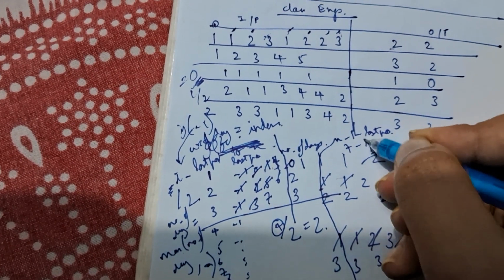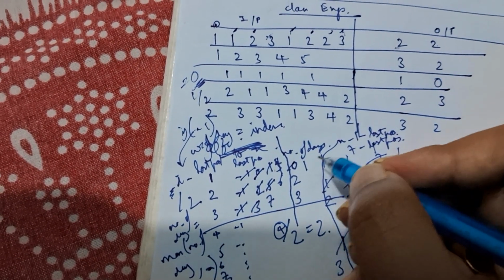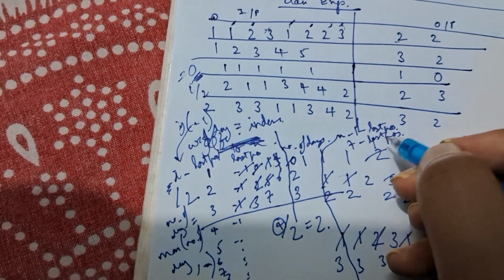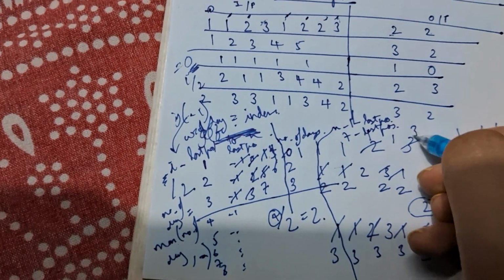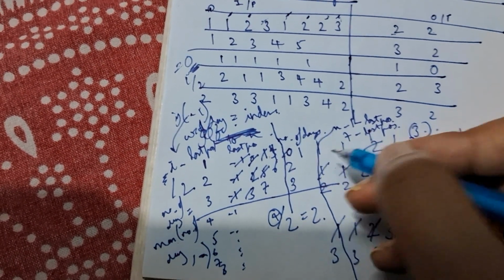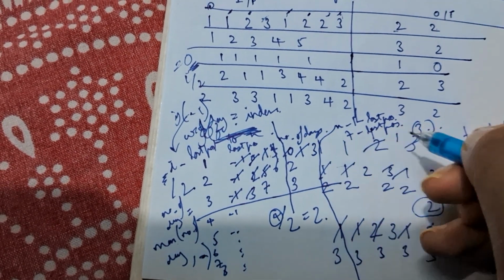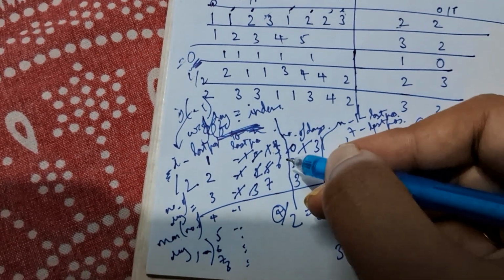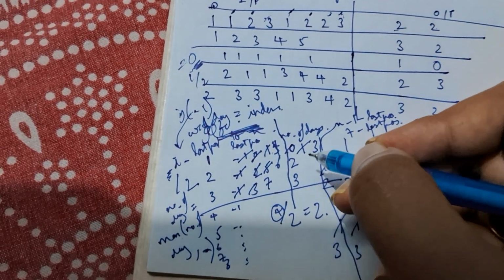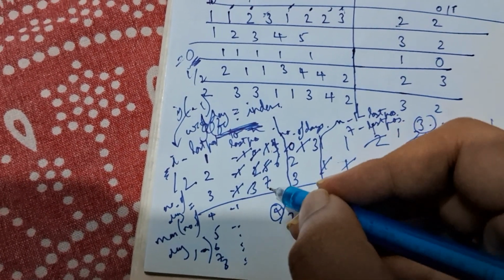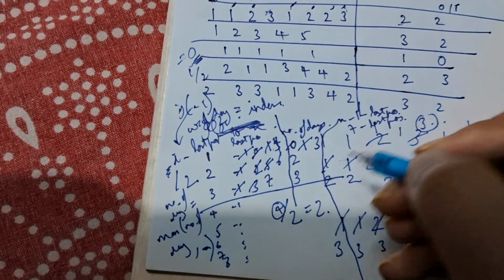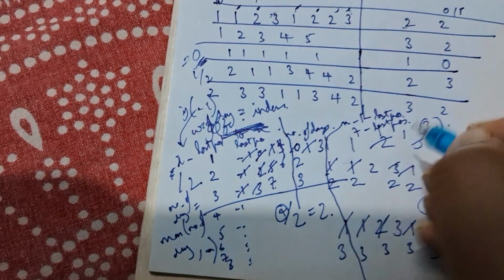So 7 minus last position of everything we have to check. This was 4, so 7 minus 4 is 3. Which is maximum, 3 or 1? 3 is maximum, so we rewrite this. Then 7 minus 6 is 1, which is maximum, 2 or 1? 2 is maximum, so it remains. And 7 minus 7 is 0. So 3 comma 0, it remains.